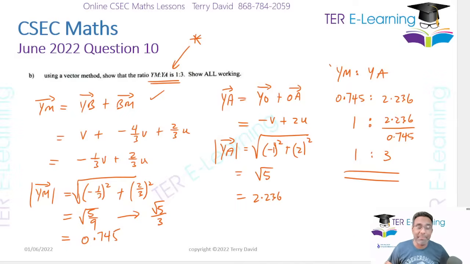Alright guys, so that's it. I've done the entire paper for you all. So my assessment of the paper: I know several students wrote me and said that the paper was kind of easy. Based on my assessment, I've been working the paper for 2 hours and 17 minutes, but I'm giving you a little explanation as well.